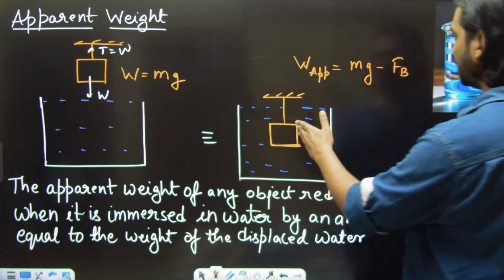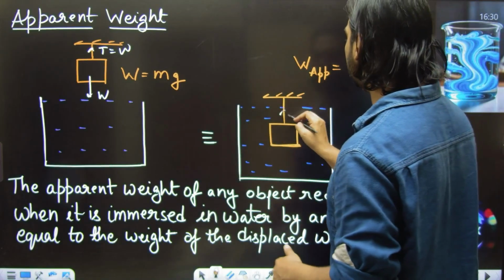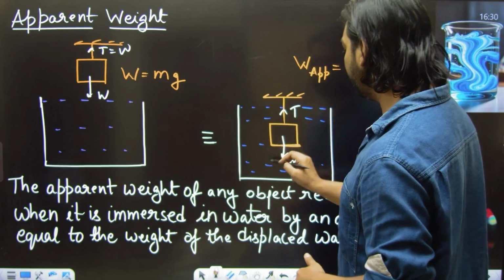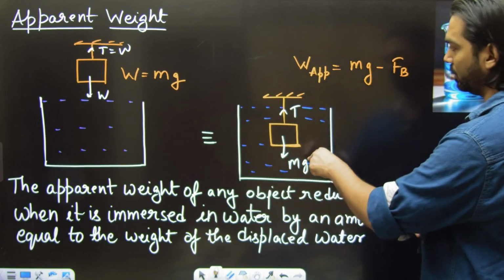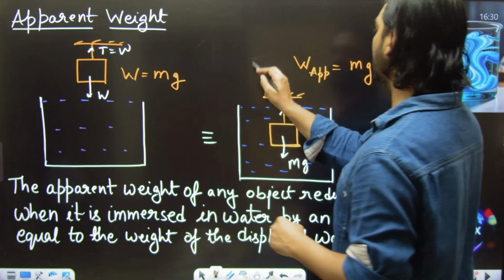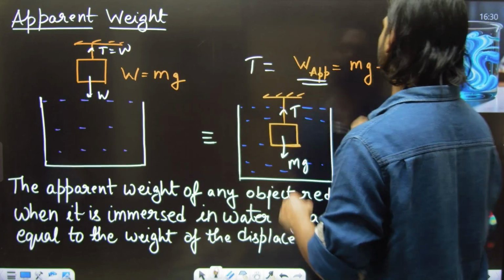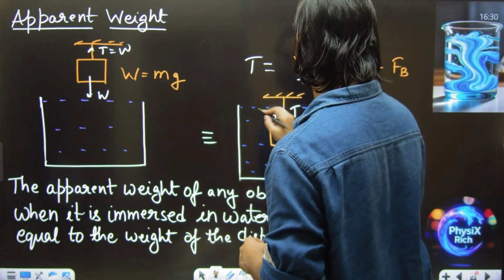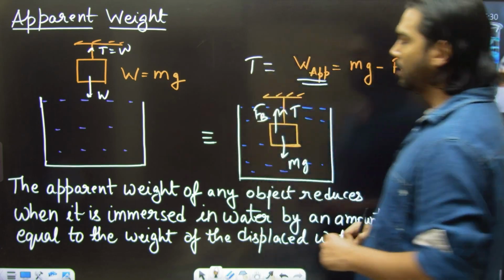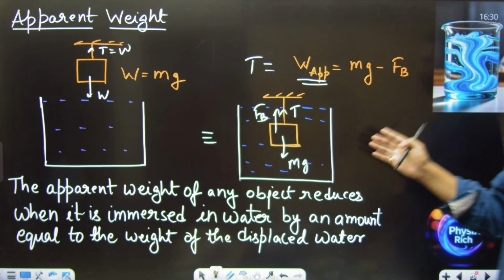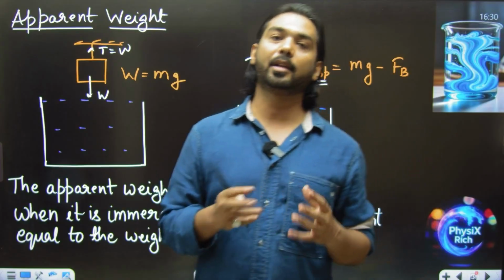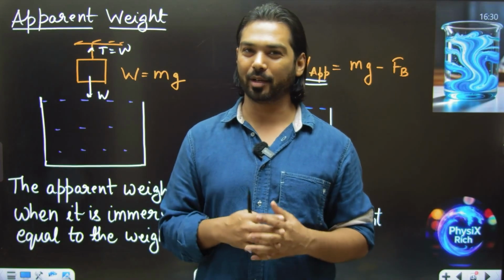But in this case, the string will now experience a different force than mg. What will it experience? It will actually experience the apparent weight, which is mg minus the buoyant force. Let me draw the buoyant force here. So the apparent weight decreases when an object is submerged in water.